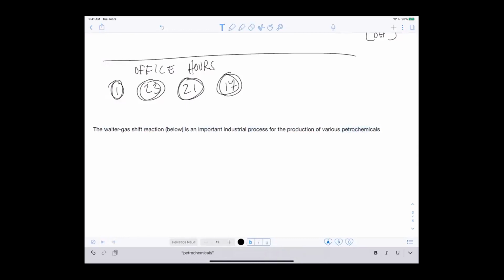Clearly not going to be super relevant. Use this equation for questions 1 through 3.